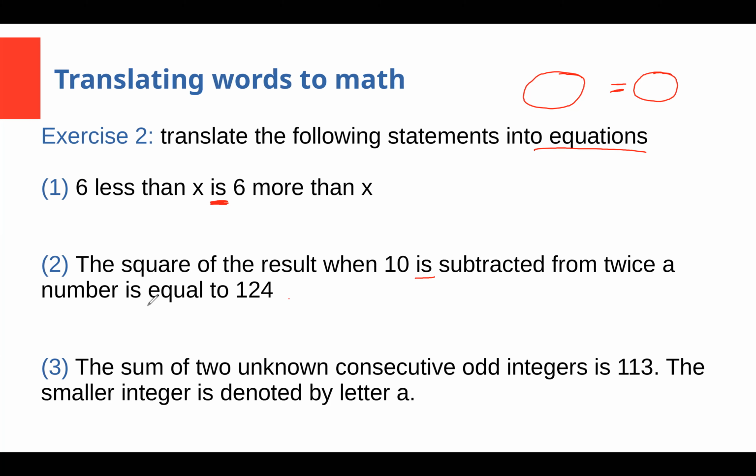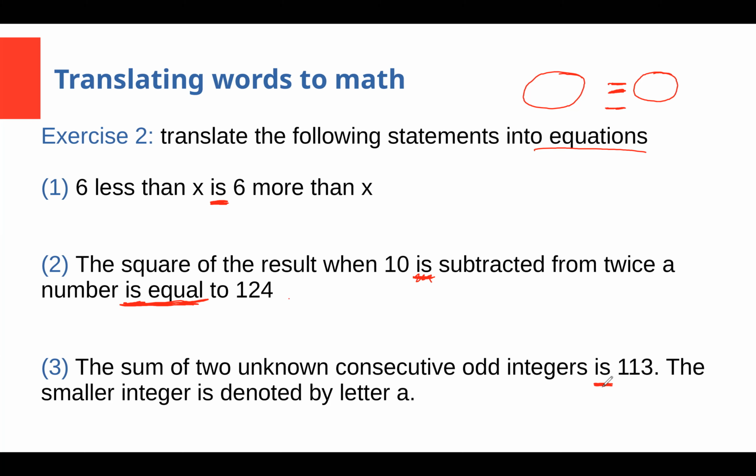You see we have two is's here, right? So here what we need to understand is that this is belongs to is subtracted. So not this one. This is, oh, it says is equal. Excellent, excellent. So this will be standing for the equality symbol, right? So what I'm doing right now is I'm underlining the places where we will have our equality symbol. And then this one, the sum of two unknown consecutive odd integers is. Okay, so here is the word is.